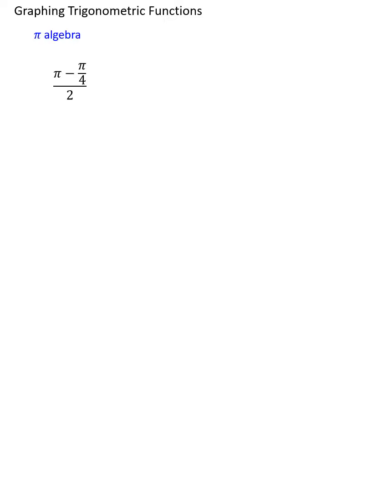Well, I like to pretend when I'm doing these problems that the pi is actually the algebra symbol x. That's not really what we're supposed to do, in the sense of pretending that pi could be any number. Pi is a very specific number. But what I'm saying is I'll treat the problem on the top the same way I'll treat the problem on the bottom, just treating the pi as an x.